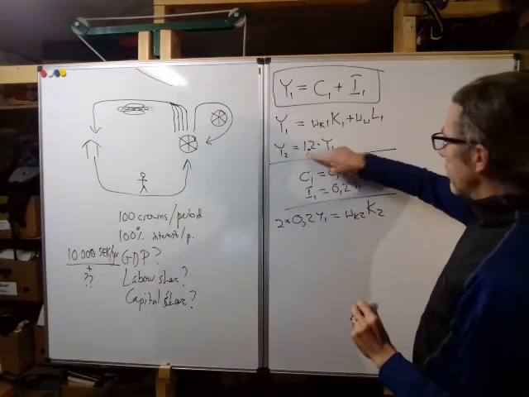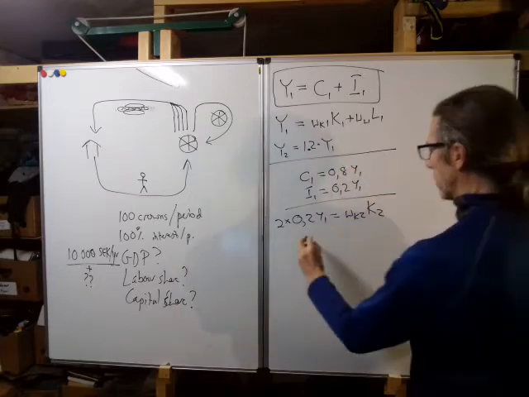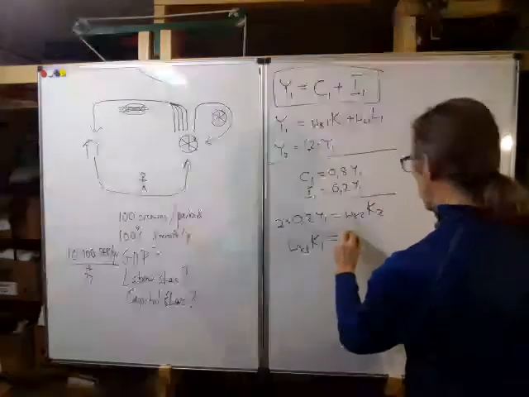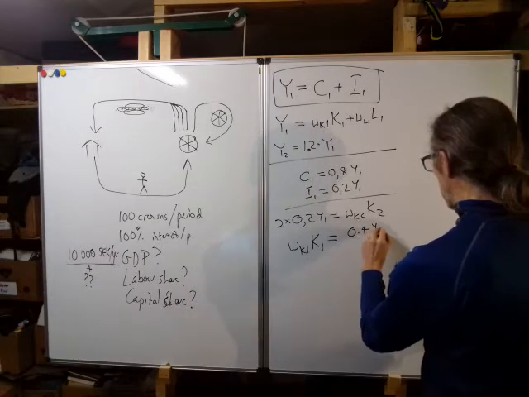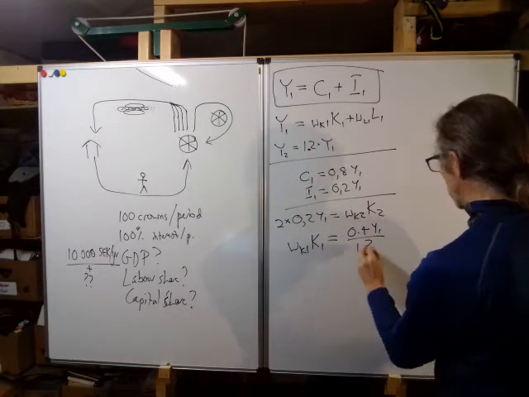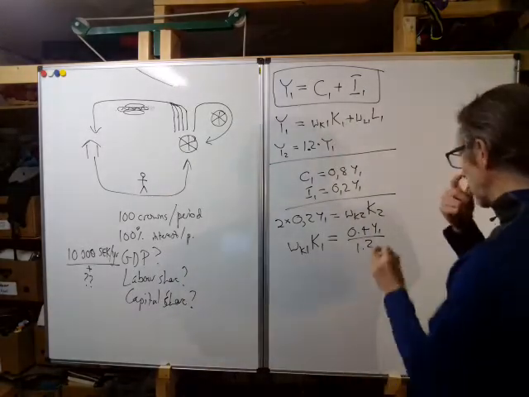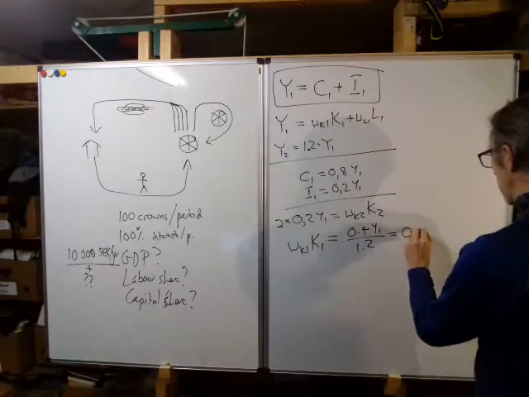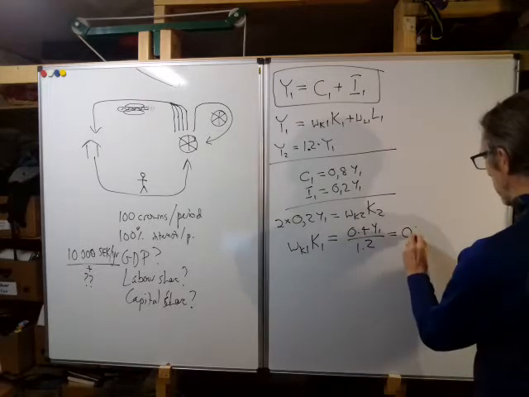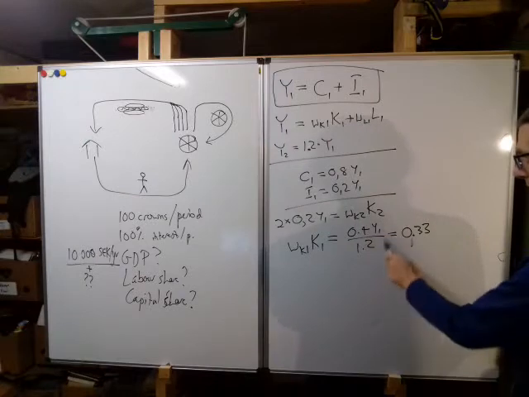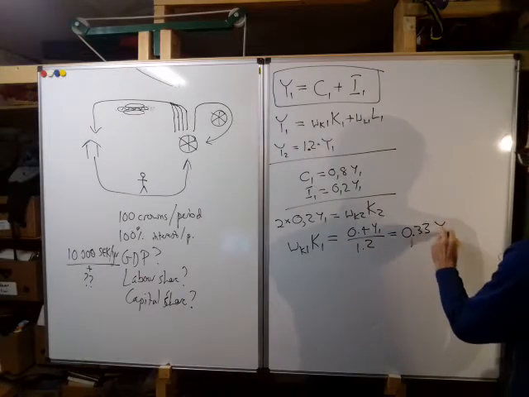But everything's grown by a factor of 1.2. So that means that WK1 K1 must be 0.4 Y1 divided by 1.2, because now we're going back a period, which is 0.33, or 1/3, of Y1.